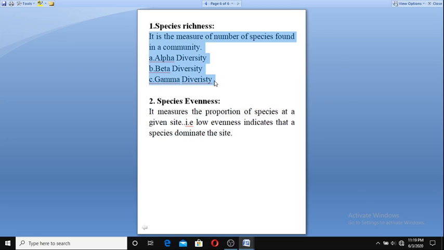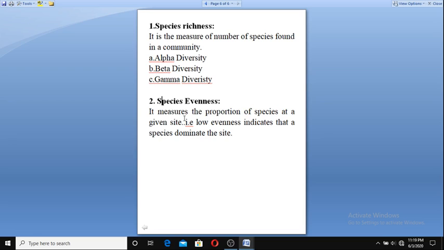If the number of species present in a community can be measured by alpha, beta, gamma, it is called species richness. And species evenness is the measurement of the proportion of species at a given site. That is, low evenness indicates that a species dominates the site.